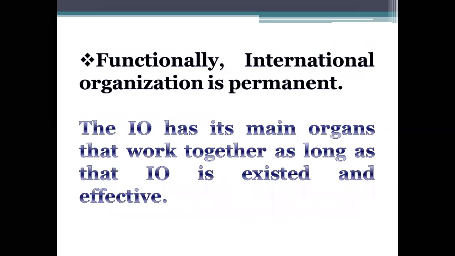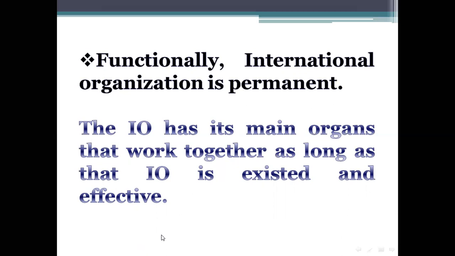The first characteristic of the international organizations says that the international organization is a permanent committee. The international organization here, the IO, has its main organs that work together as long as that international organization exists and is effective.